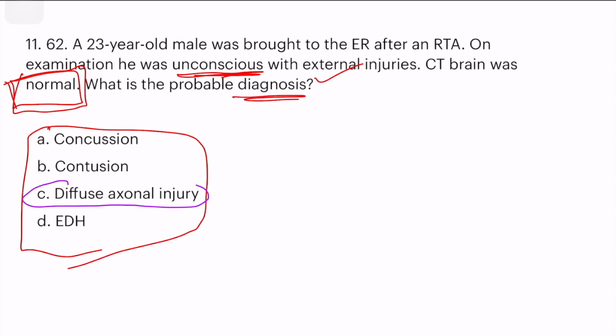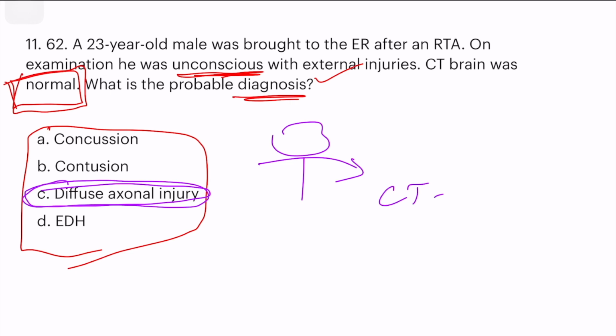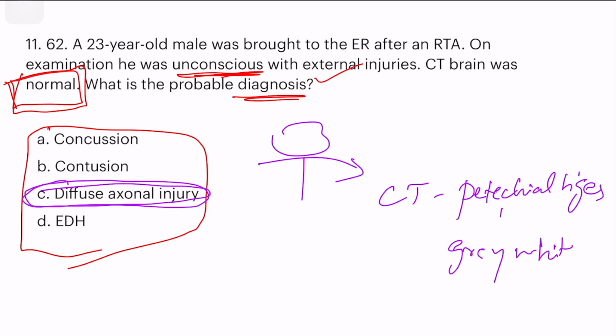the diffuse axonal injury. When shearing force is applied to a moving object, there is damage to the axons, which is not clearly seen on the CT scan. But sometimes in the CT scan, we'll also be able to see petechial hemorrhages, and mostly they'll be present at the gray-white junction.